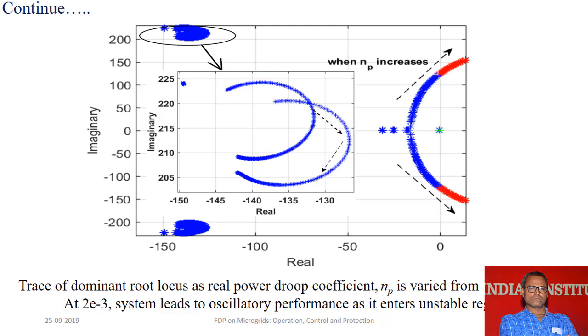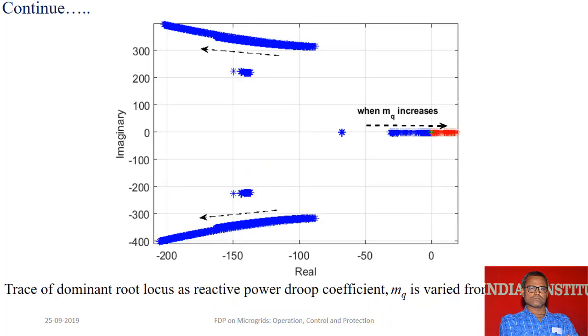That means it touches the axis here, so these are the critical values. This value is the critical value of NP where your system starts oscillating, right?